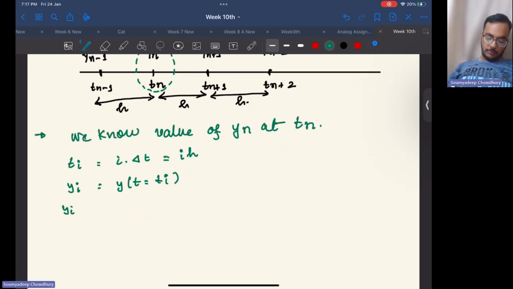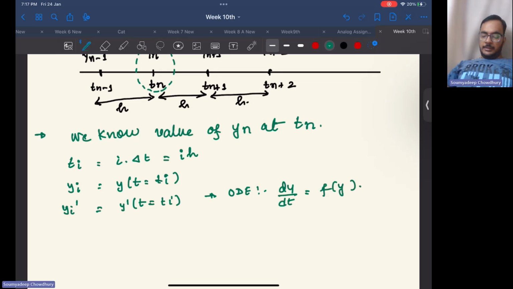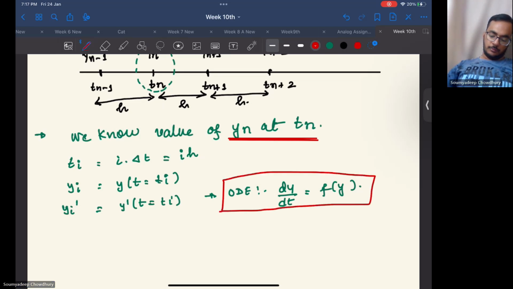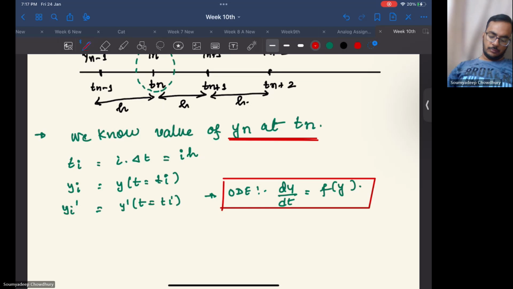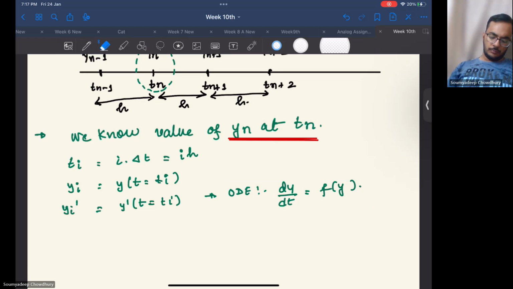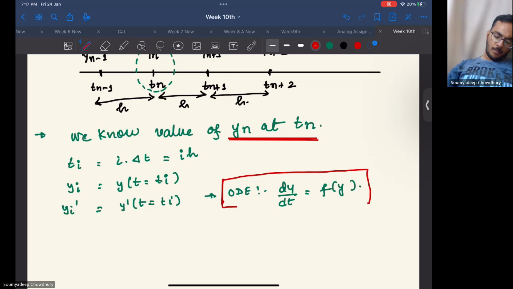And also we need to know the derivative of the function, y dash at t equals ti. And your ODE is dy by dt. This is given to you, and this value of yn at t equals tn is given to you. So these two things are known to you.